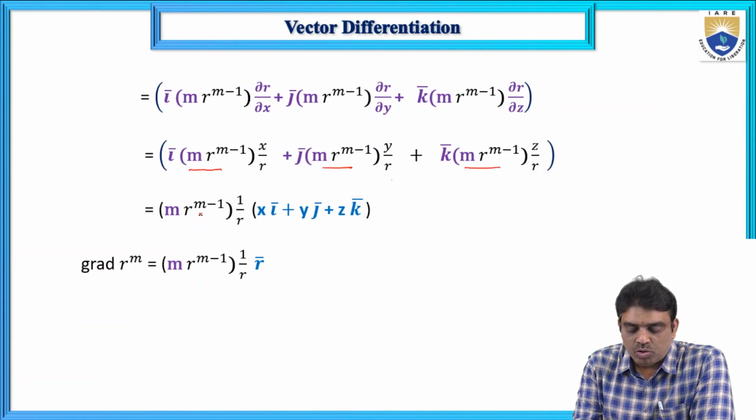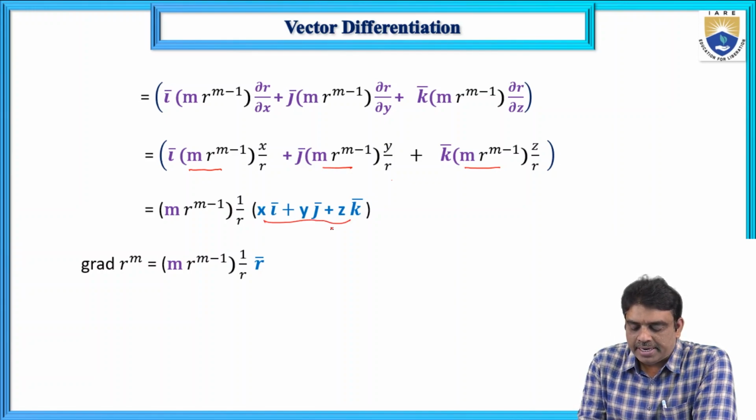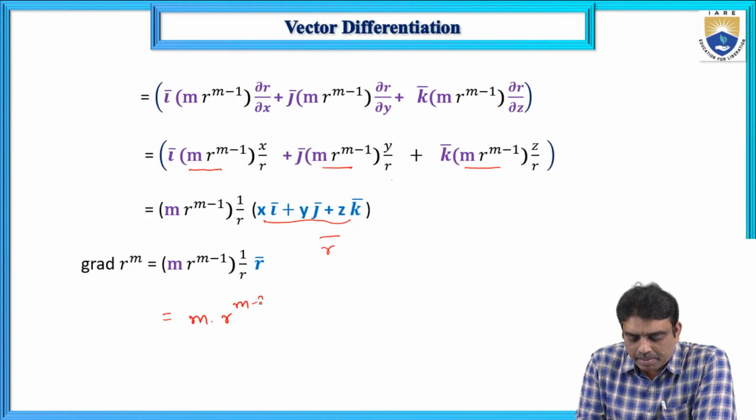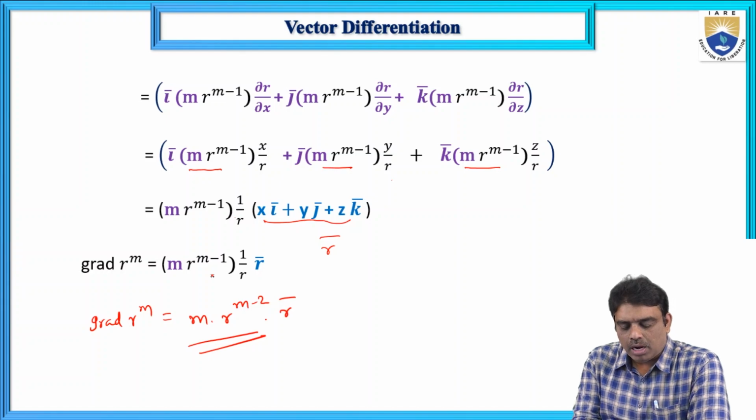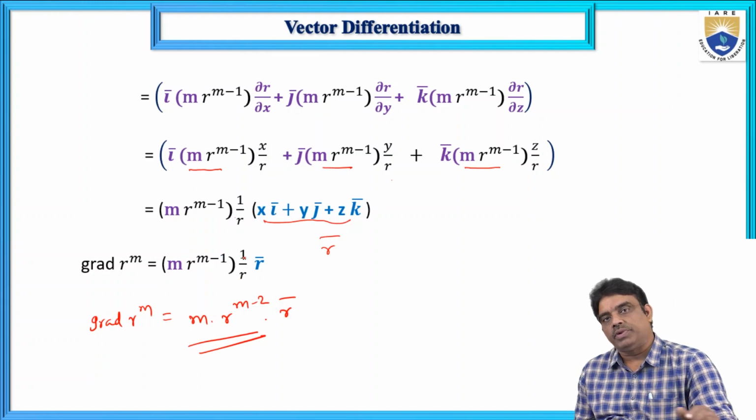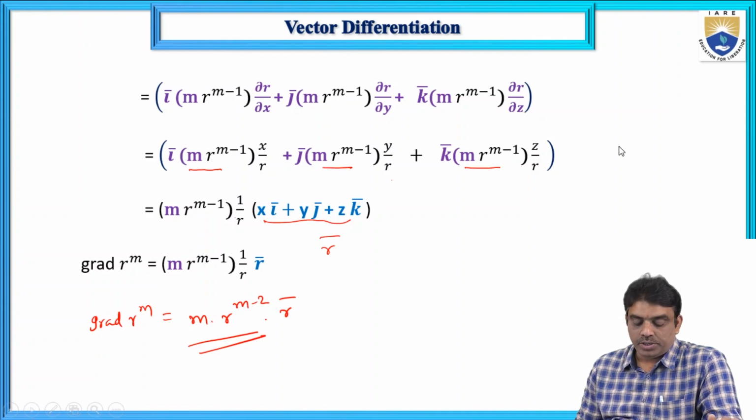You can write m r^(m-1) (1/r) outside. Then we get x i-bar plus y j-bar plus z k-bar, which can be written as r-bar. Writing r in the numerator, it is m r^(m-2) r-bar. This is grad r^m: m r^(m-2) r-bar.